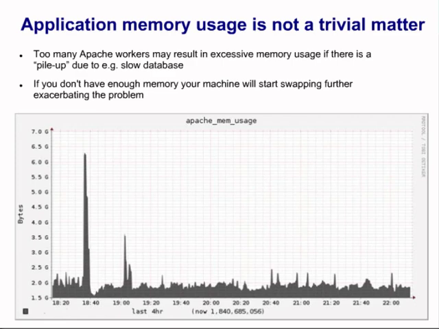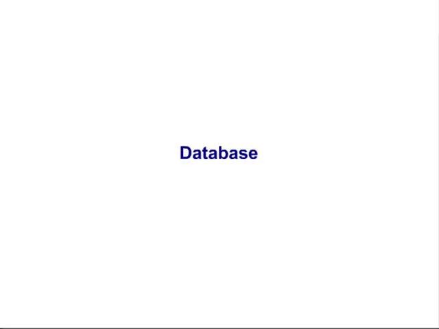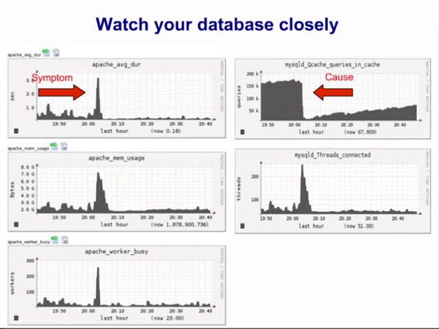Also, database, keep good track of it, keep good metrics. This is also one of the examples I keep. I saw there was a jump in Apache average duration, or the response duration, and then I was trying to figure out what happened, and then I looked in the database, and for whatever reason, the query cache got reset.